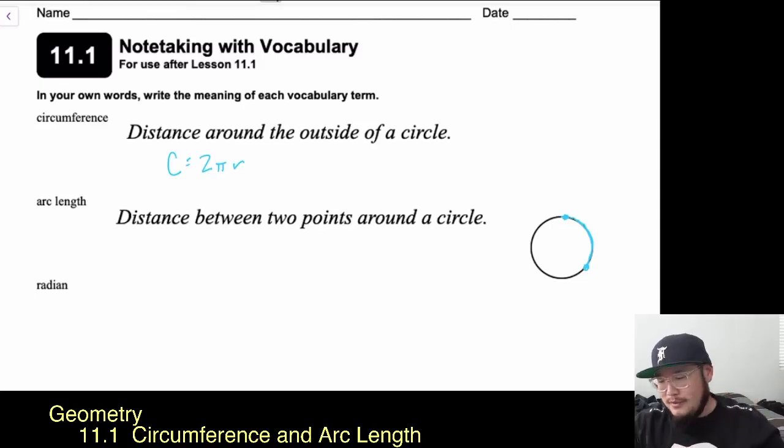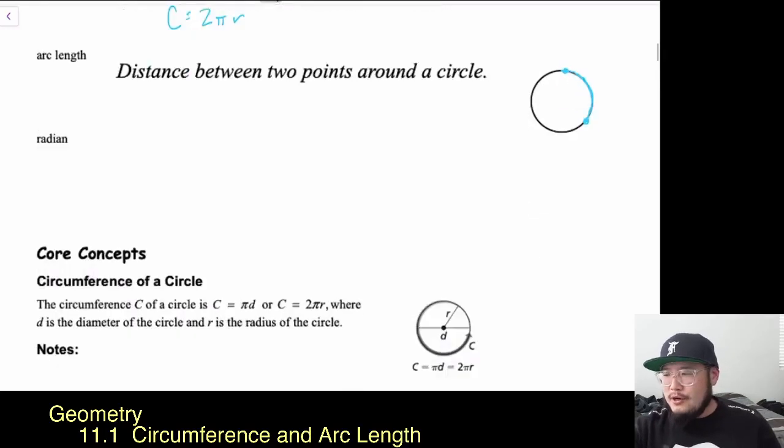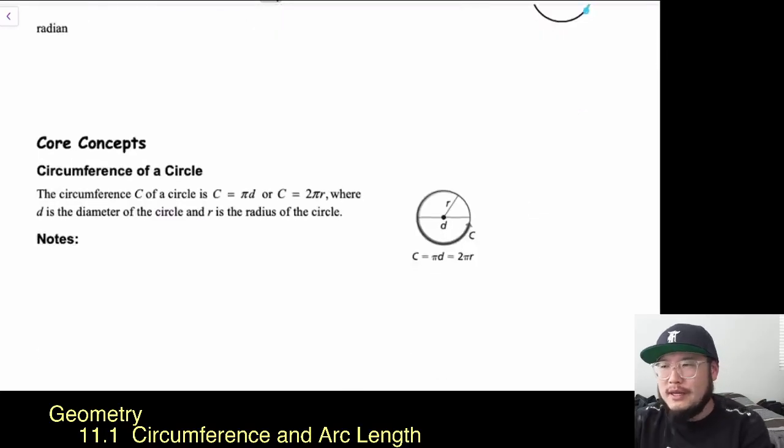So once again, we talk about the circumference of a circle. There are two equations. One of the equations is circumference equals pi times d, which is pi times the diameter. Remember, that is the whole length from one side of the circle to the other. I'll go ahead and highlight that right here in red in our circle.